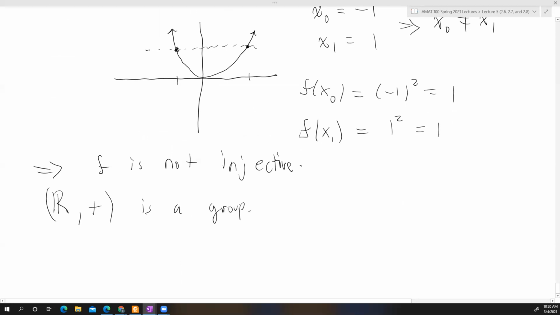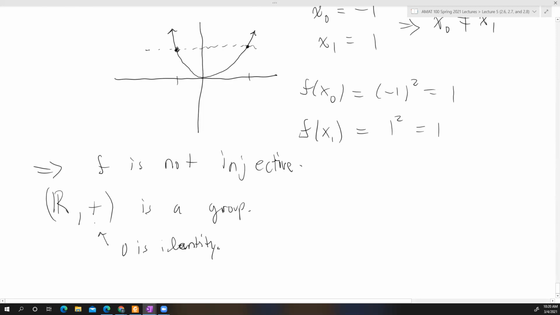A group is just a set with some operation on it, like addition or multiplication, such that you have things like the associative law, and the group has an identity element. In the case of real numbers with addition, 0 plays the identity because when you add 0 to any number, you get the number back.